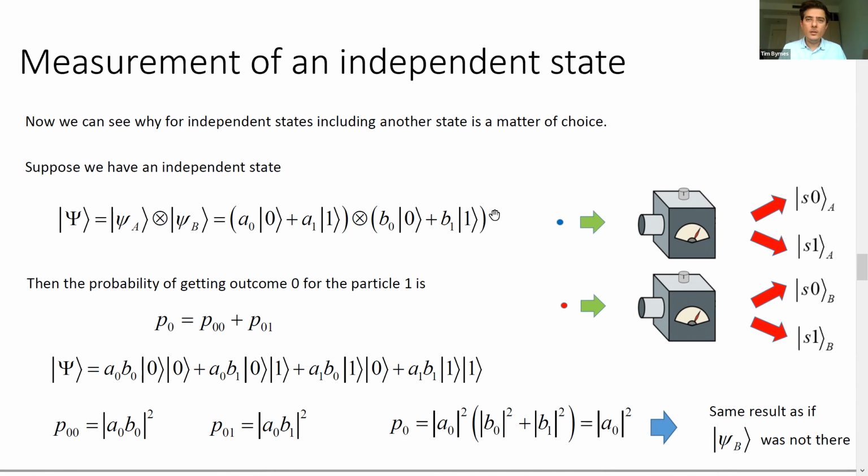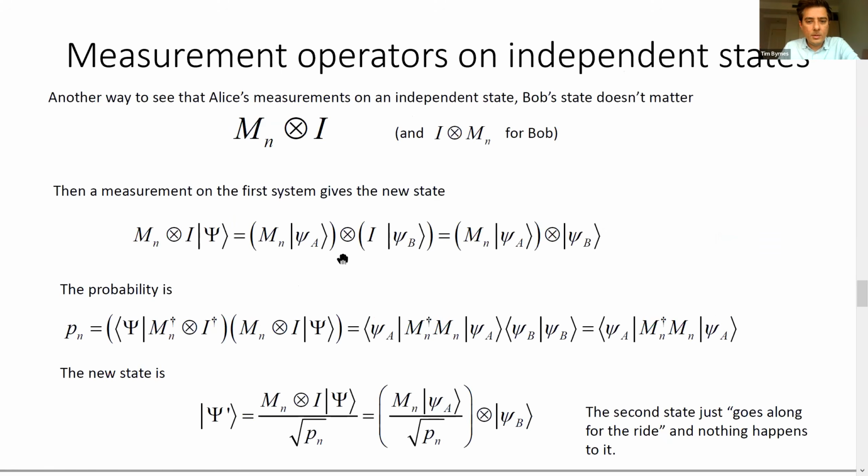So you can include it, but it's not going to make any difference to the measurement that you're making in the lab right here. That's why you can just omit it, or you can include it. It wouldn't matter. This basically shows that it doesn't matter. Okay, so I think that's more or less where we've got up to.